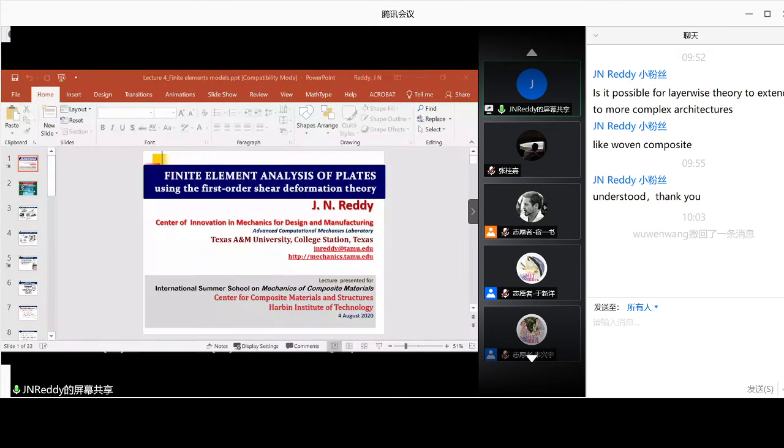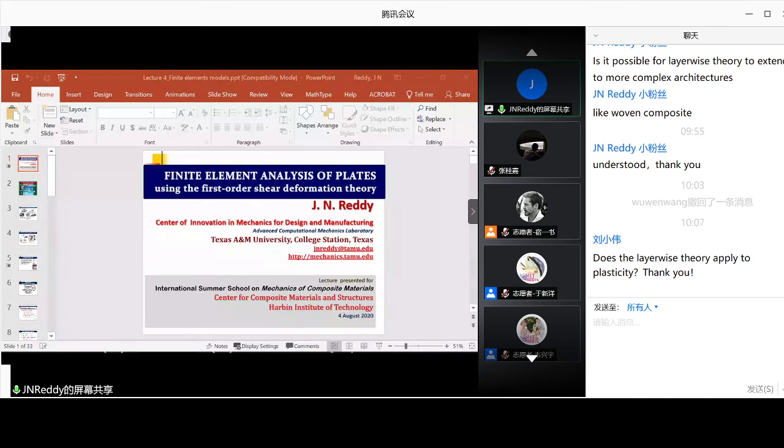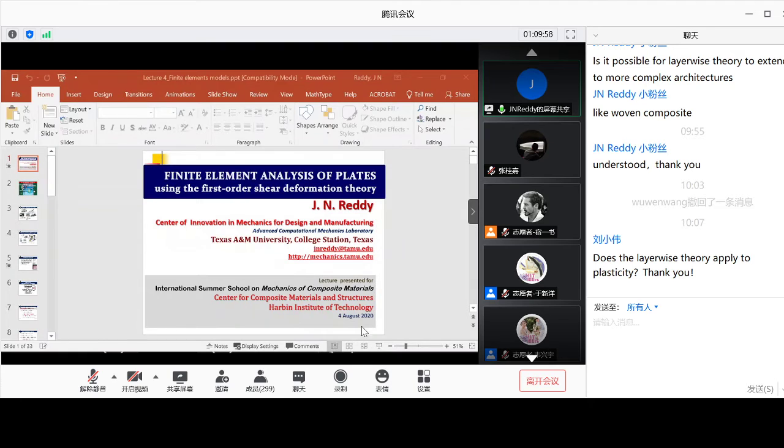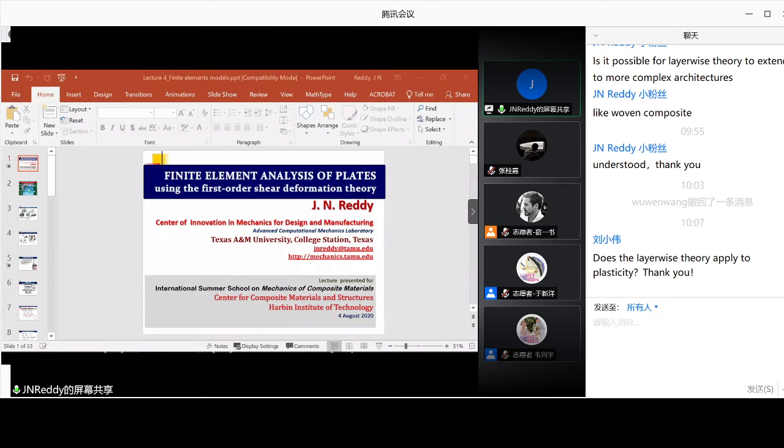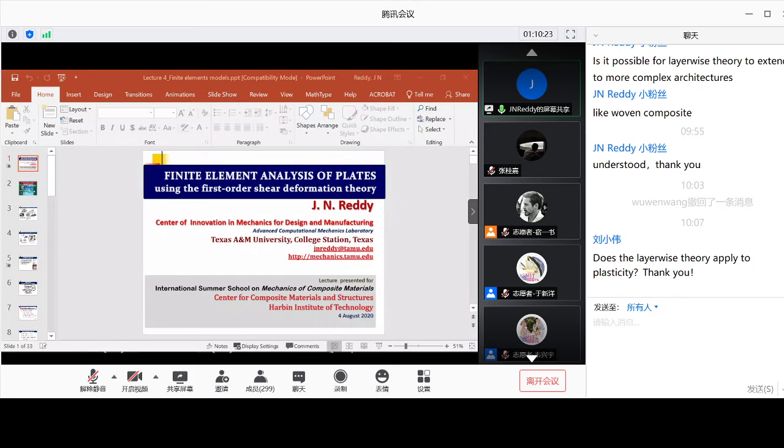I won't talk about the classical plate theory because that is no longer important in the context of finite elements, because the first order shear deformation theory can predict what classical plate theory can. So I will spend time in this lecture. It may take a little longer because there is a lot of material, but I'll do my best to explain as clearly as possible. So this is the cover of my finite element book, 4th edition.